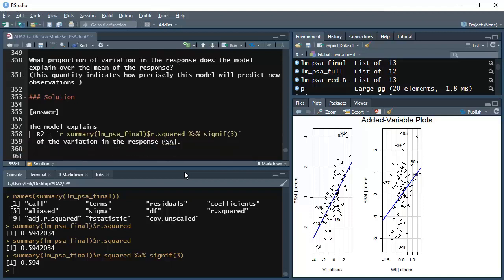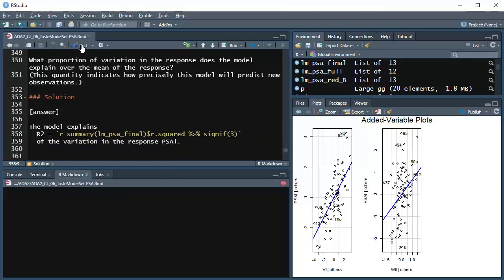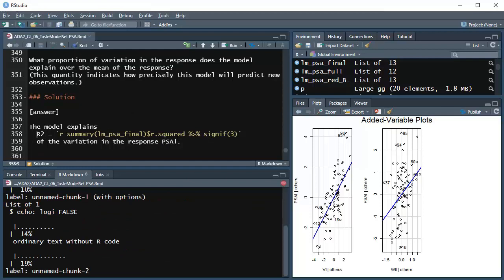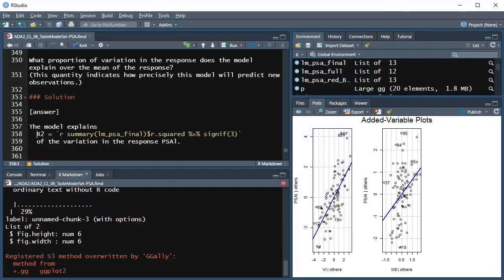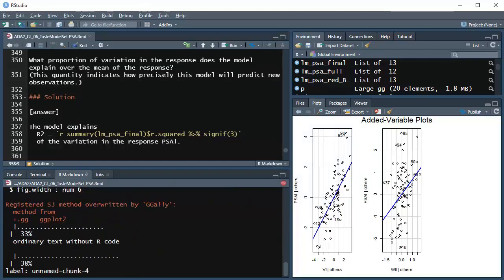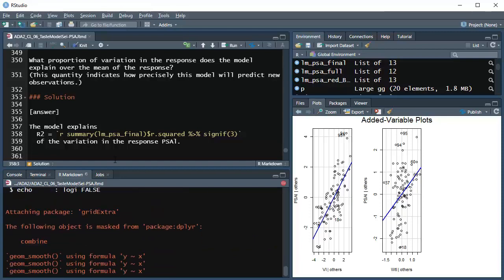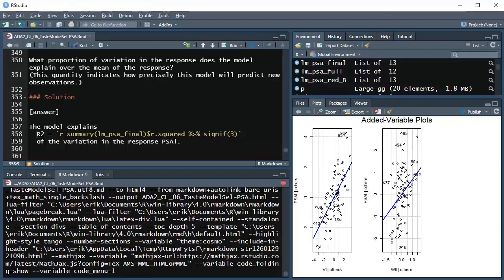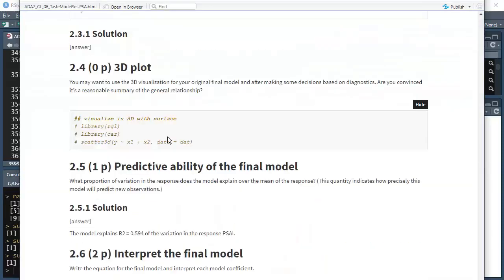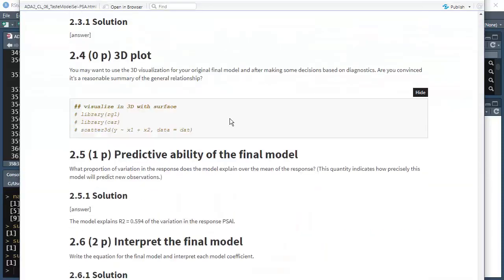I'm going to take a moment and I'll knit this so we can see that this actually puts the value where it should. But then let's tidy up this equation so it looks beautiful. We can do that by using LaTeX, or at least LaTeX syntax for producing this equation.